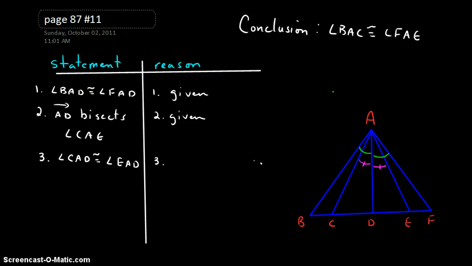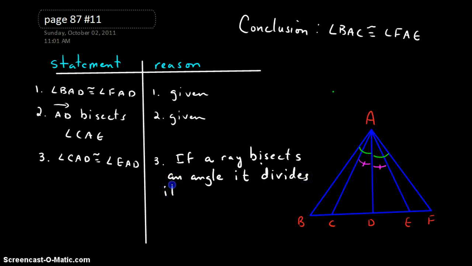So we're going to say, if a ray bisects an angle, it divides it into two congruent angles. And those are the purple that I've marked, CAD, DAE.